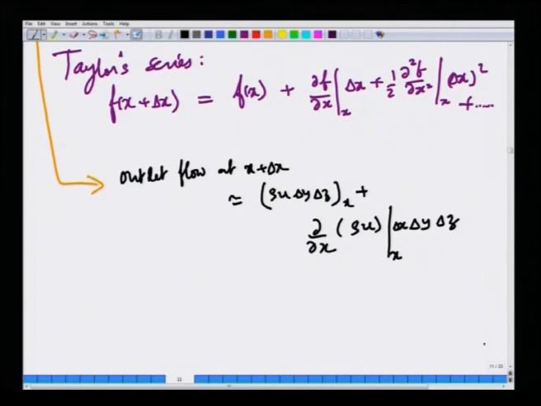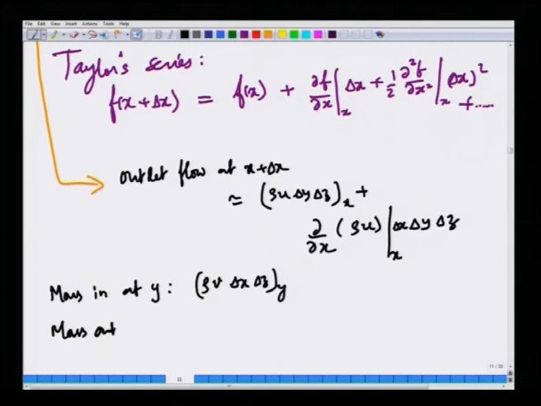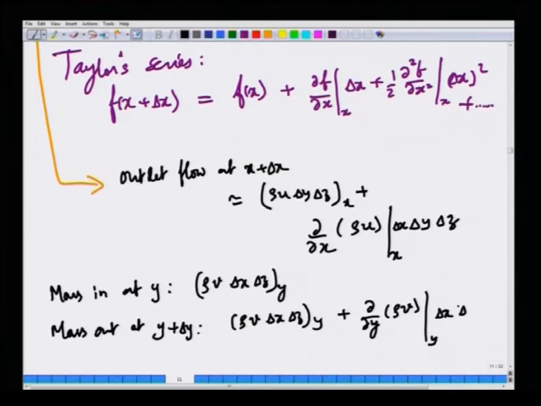So let's similarly write mass in at y is rho v delta x delta z at y, mass out at y plus delta y is rho v delta x delta z at y plus d dy of rho v evaluated at y times delta y, delta x delta z.